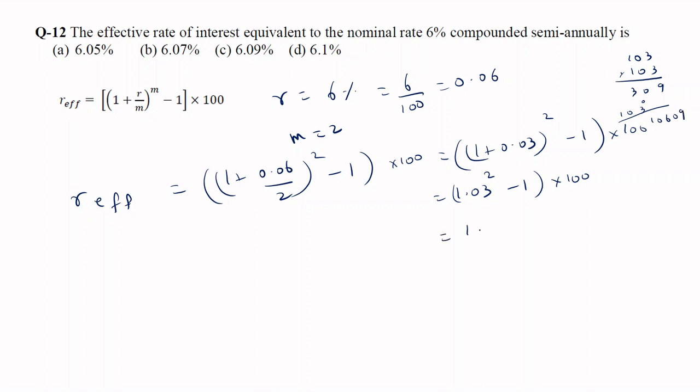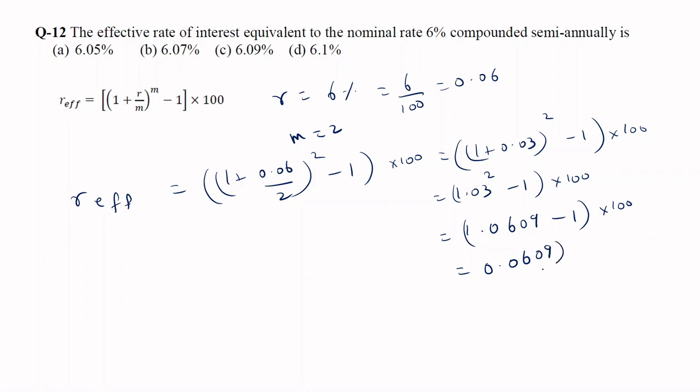So it is 1.0609 minus 1, into 100. So this is 1.03 the whole square. If we subtract 1, we get 0.0609 into 100, which is 6.09%. So the correct option is option C, 6.09%.